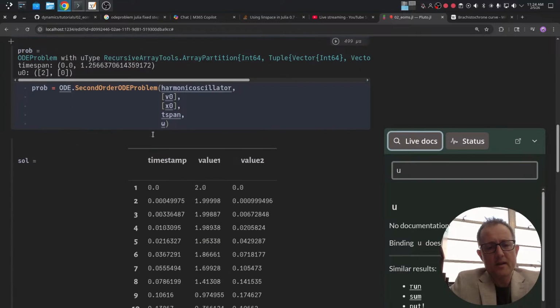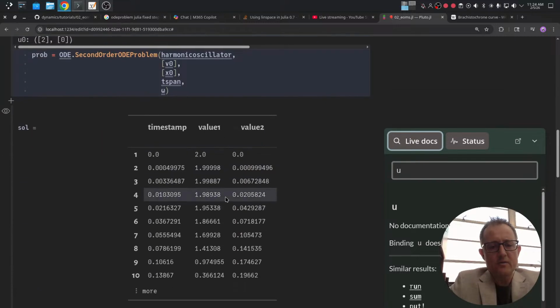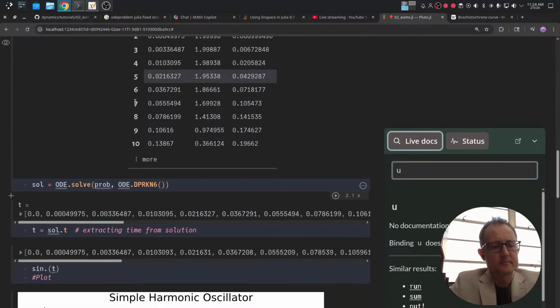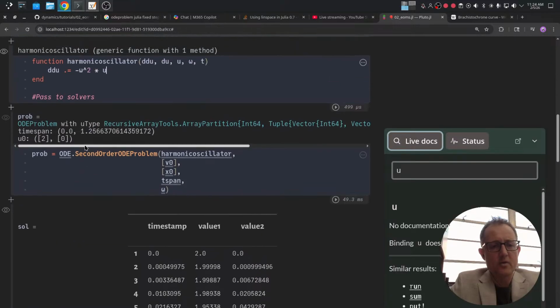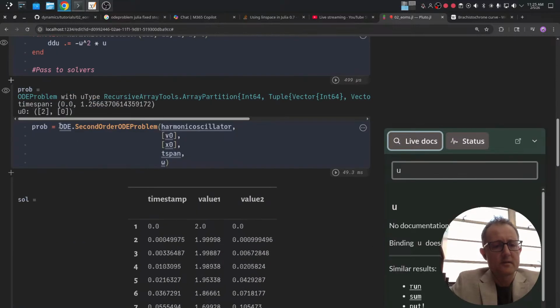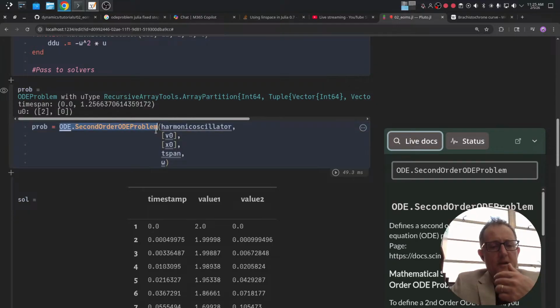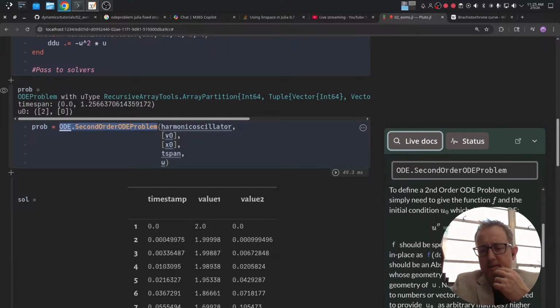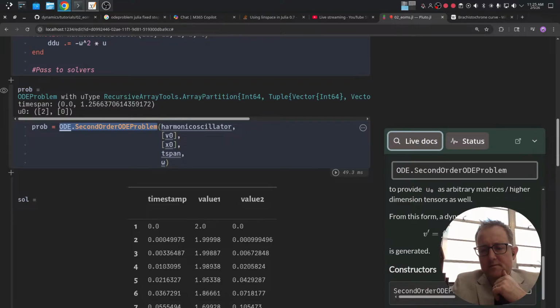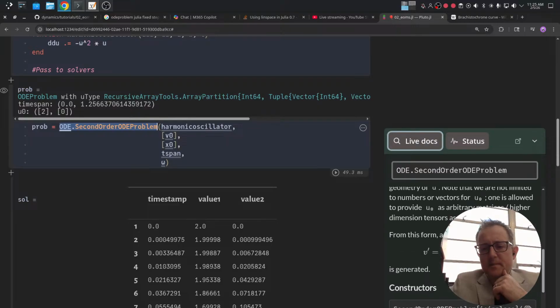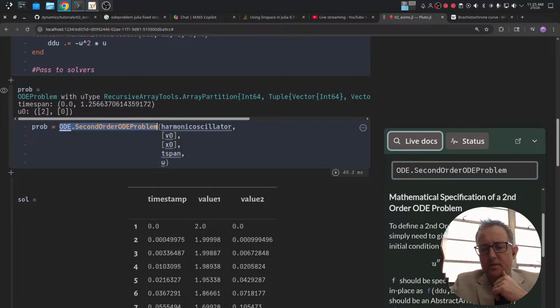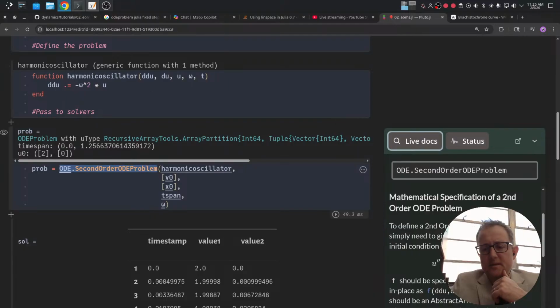So we can integrate it, we can get these values. This one is a little bit different, like an ODE.solve. So create that. Oh, so that's what it's doing. A second order ODE problem, so it's expecting a second order differential equation where u double prime is f of u prime, u, p, and t.